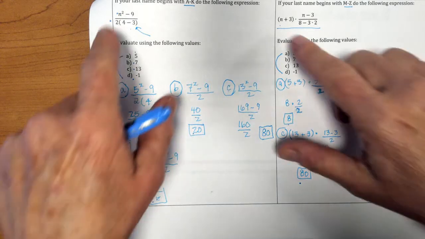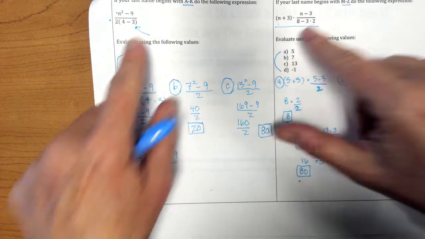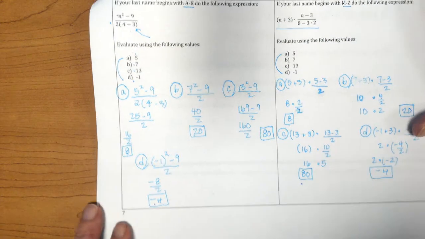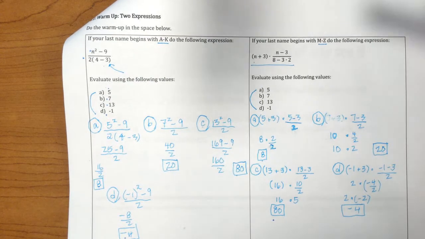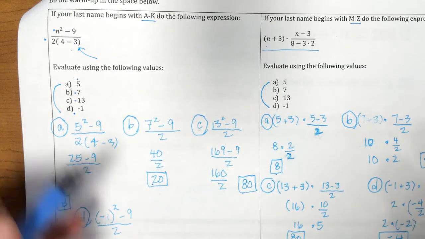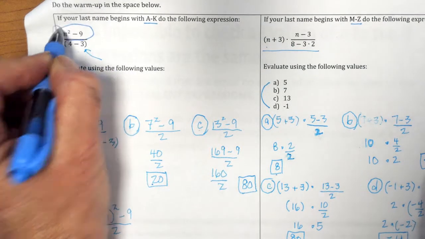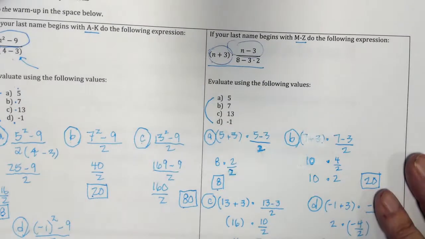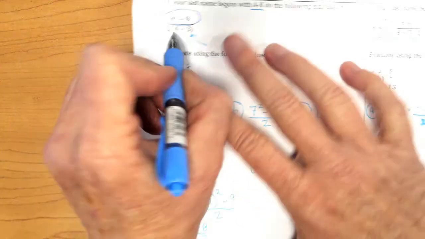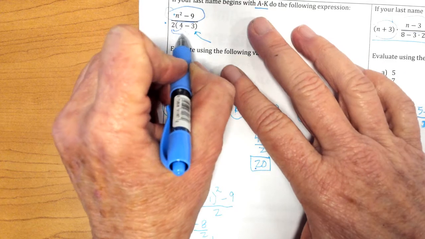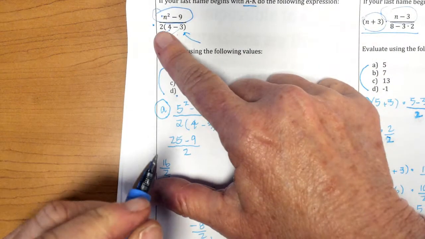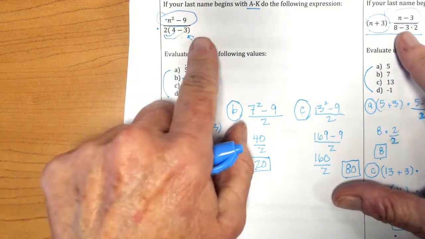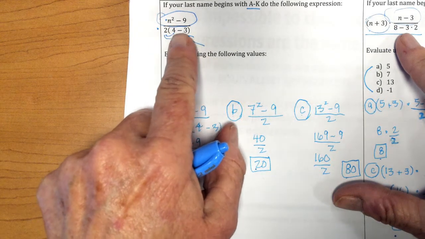So if I look at these, there are certain things that you don't know yet in mathematics that I could have done, and we'll get there eventually. But this could actually be expanded to this. And this, I could have distributed. 8 minus 3, right? 8 minus 3.